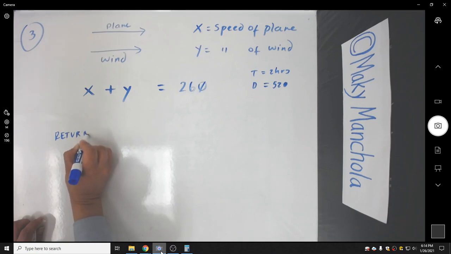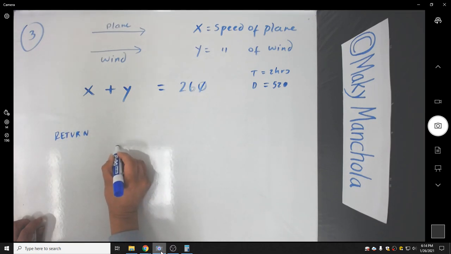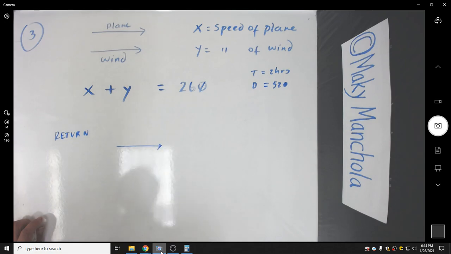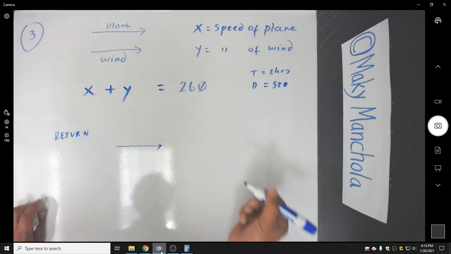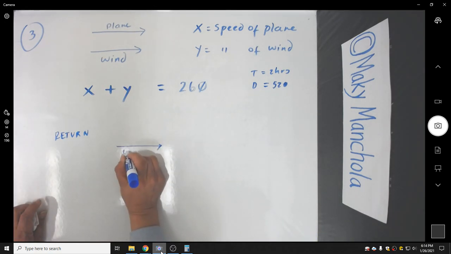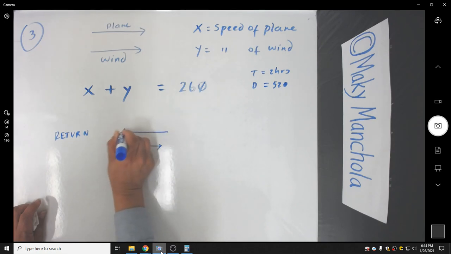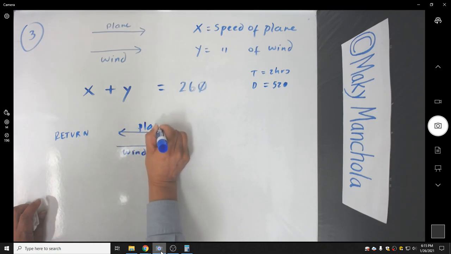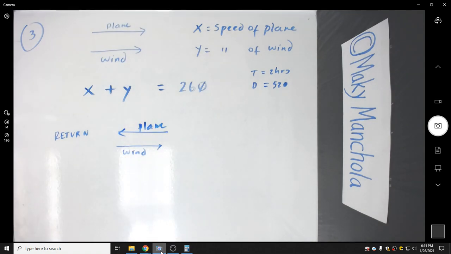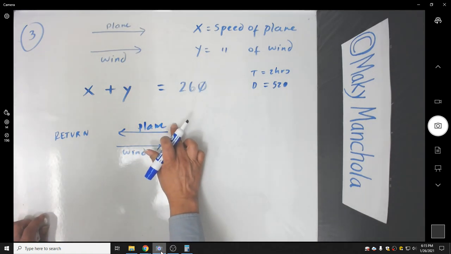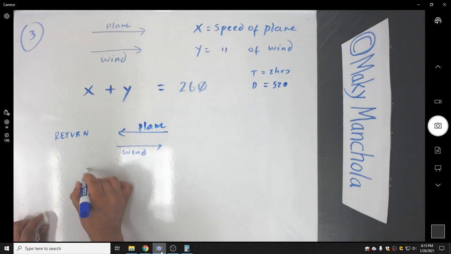Now, in the return, here's what's going on. The wind is still going in the original direction, but now the plane is going opposite to the wind. So this time, my average speed will have to be the speed of the plane minus the speed of the wind.